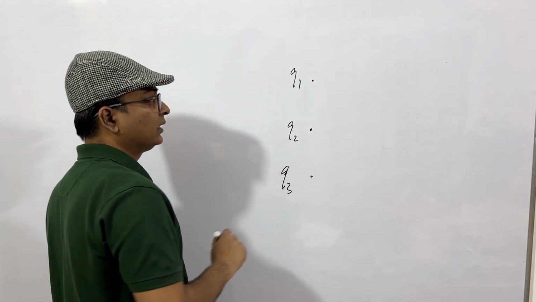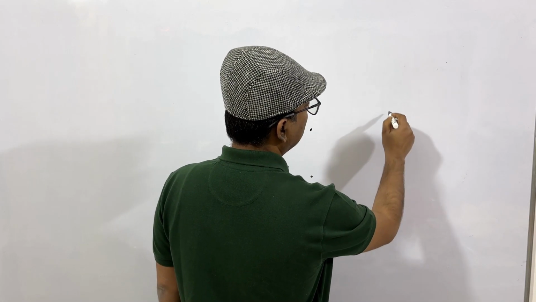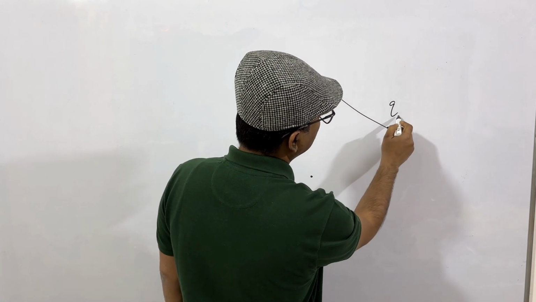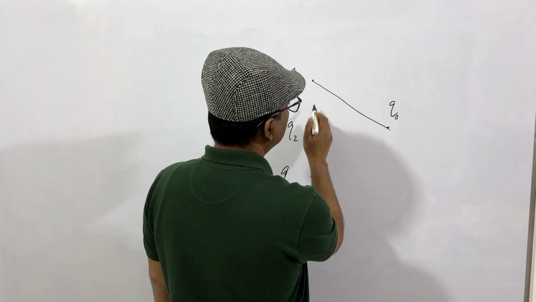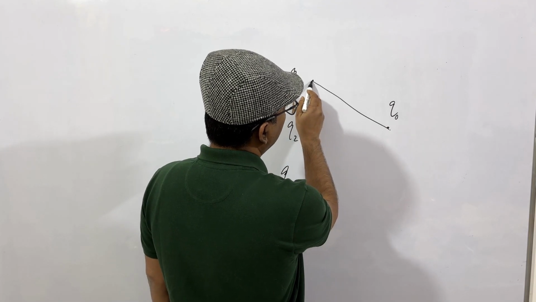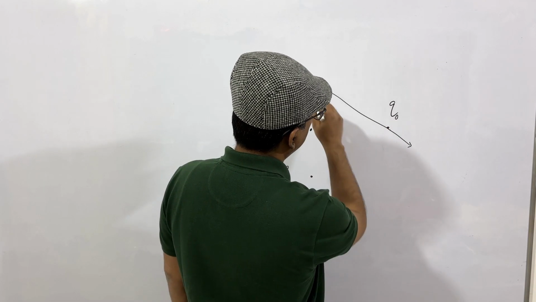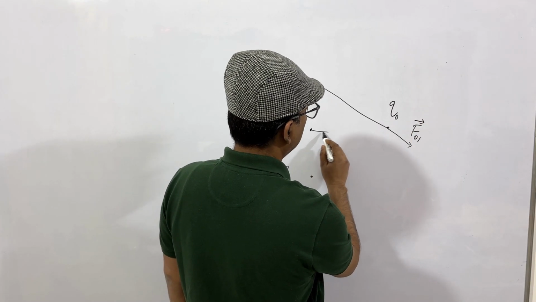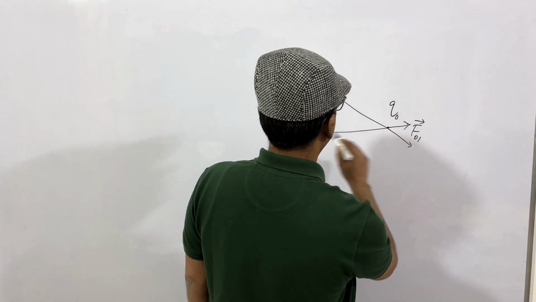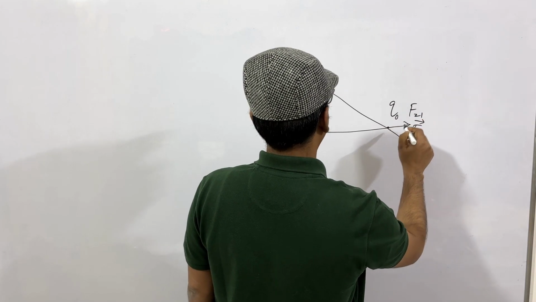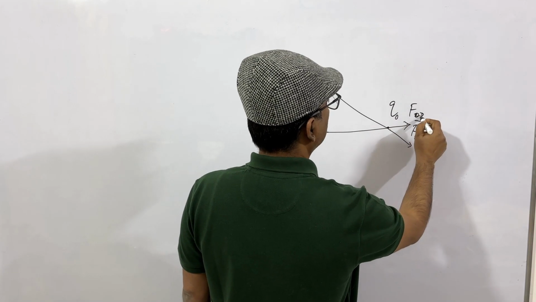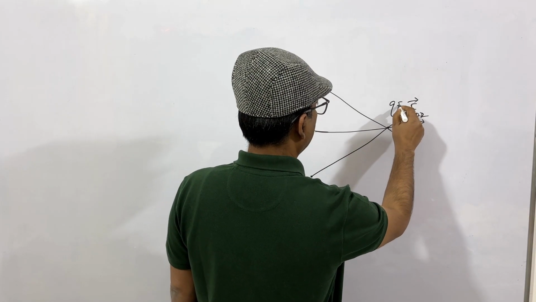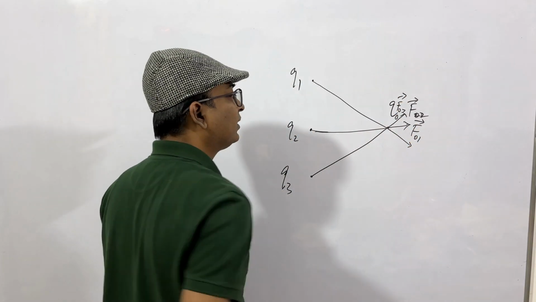I'm taking 3 charges, and we have a charge Q naught here. Force on Q naught due to Q1 will be F01, force due to Q2 will be F02, and force due to Q3 will be F03.